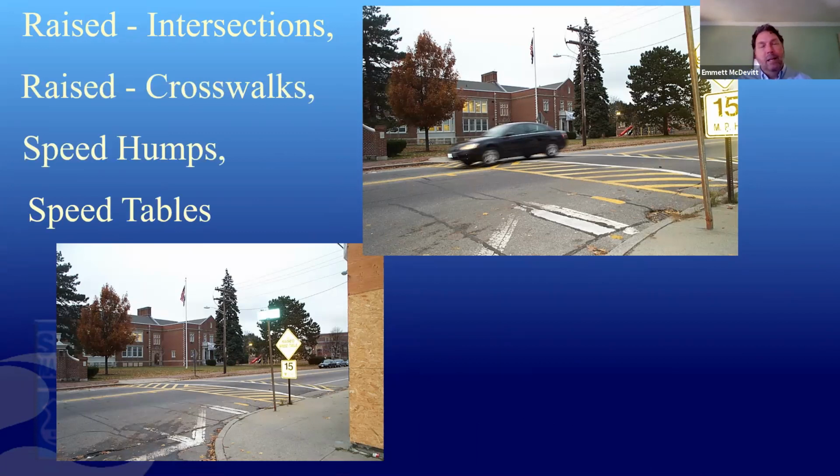And you might be saying, hey, Emmett, have you forgotten where you live? We have snow plows. But these pictures were taken in Portland, Maine, when we did a pedestrian safety audit there. They had plenty of raised crosswalks, speed tables, et cetera, and I assure you that they get as much or more snow than we do here.